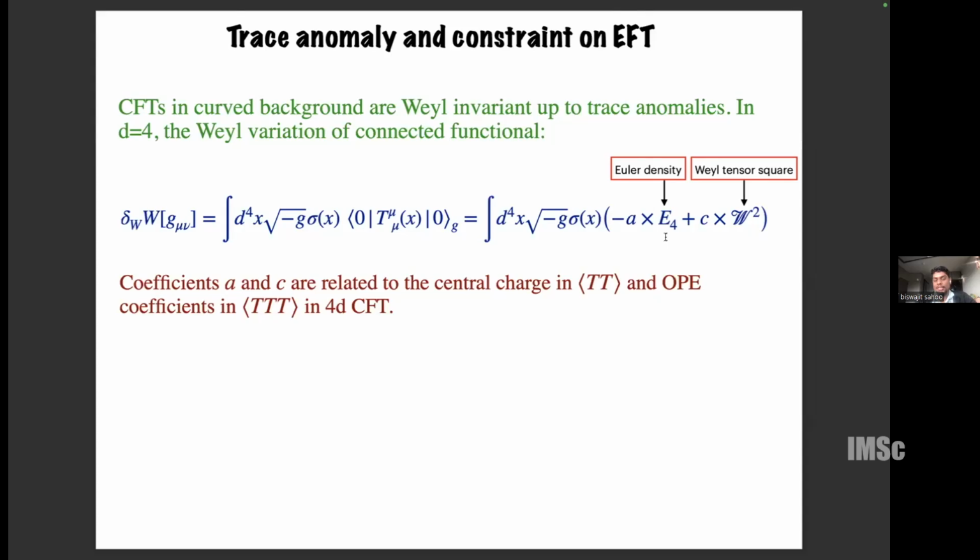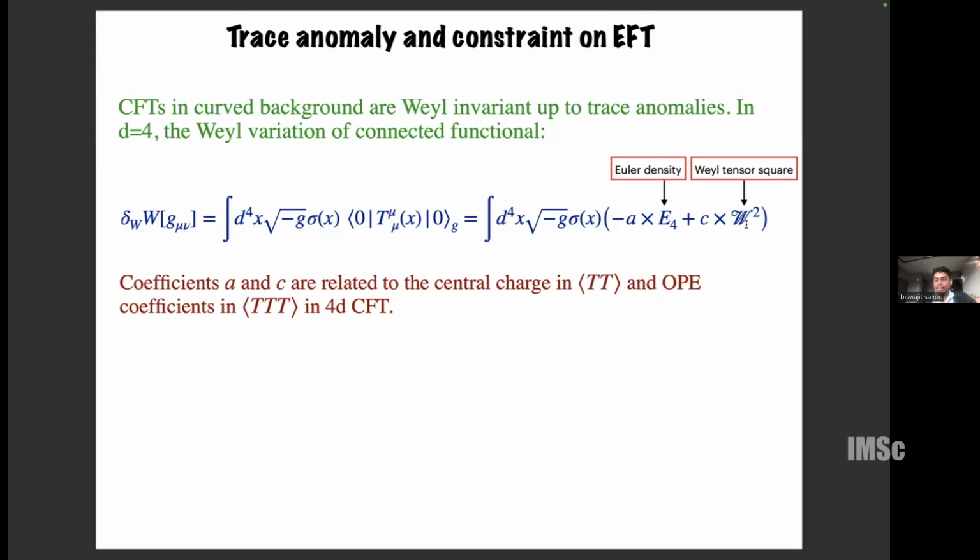And in 4 space-time dimensions, there are 2 such coefficients, which basically tell you how the non-Weyl invariance of the CFT happens. These 2 coefficients we call A and C. And this E4 is the Euler density, and this W squared is basically the Weyl tensor squared. Very nice. And this A and C we call the Weyl anomaly or the trace anomaly coefficients.